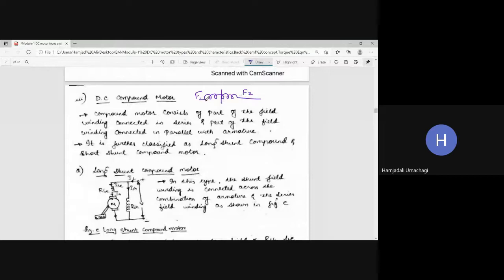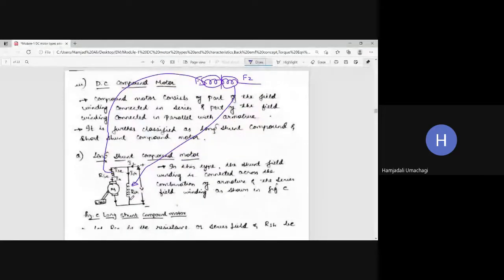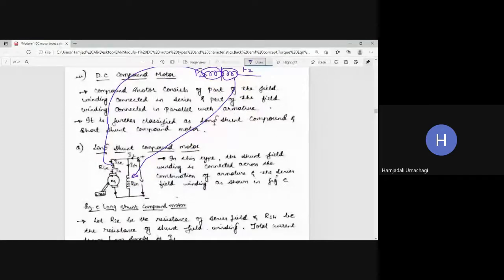This half section of the field winding you are going to connect in series with the armature winding, and the remaining half of the field winding you are going to connect in parallel. If that is the case, both the series and parallel combination you will find here. In that case, we call that type of motor a DC compound motor. Simply, it is called a DC compound motor.